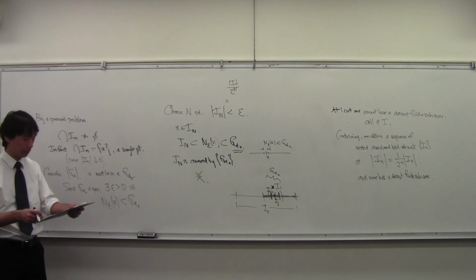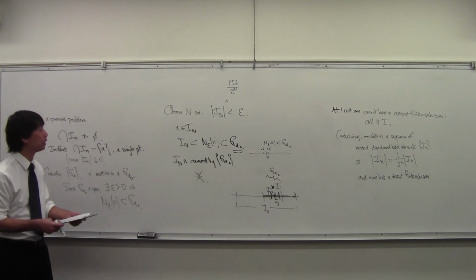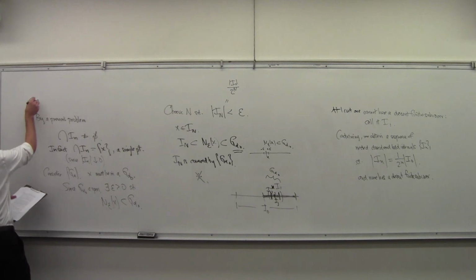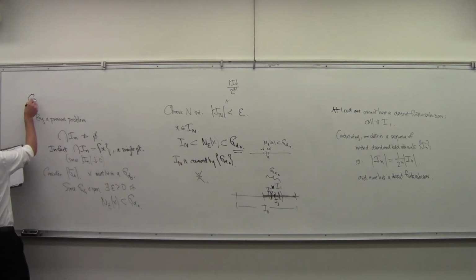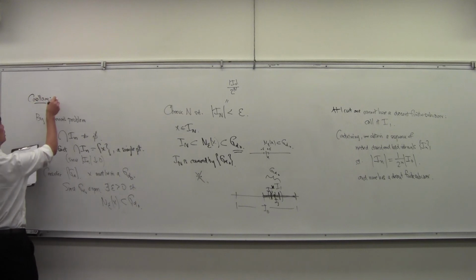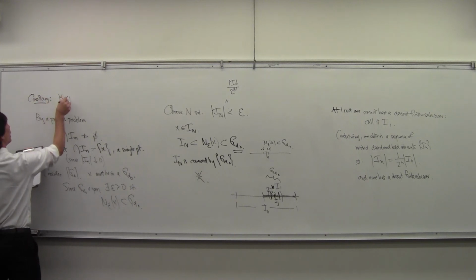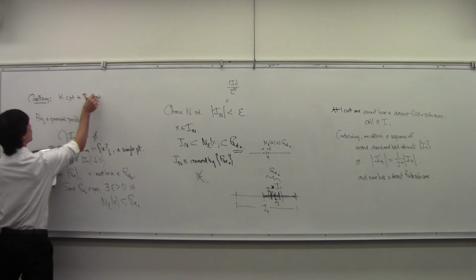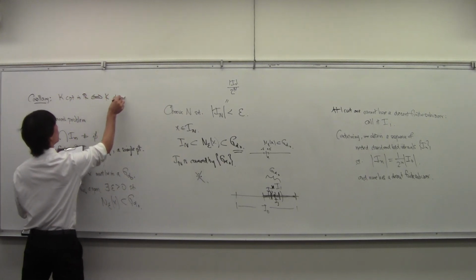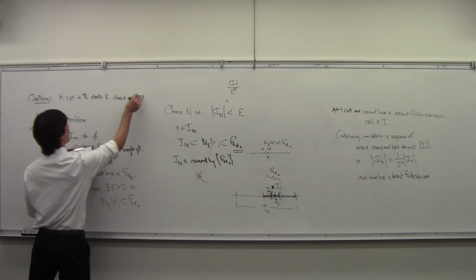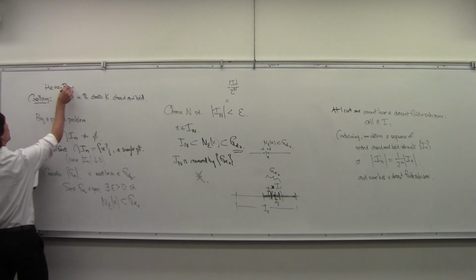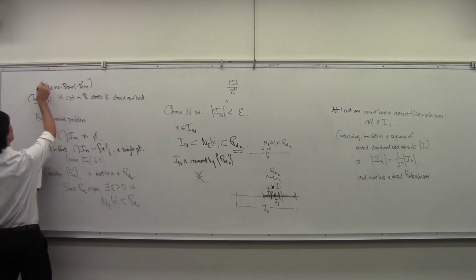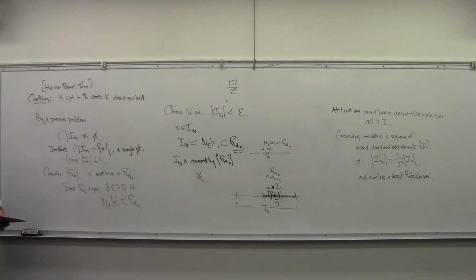And that corollary, that K compact in R is equivalent to K being closed and bounded, has a name. It's called the Heine-Borel Theorem. The Heine-Borel Theorem.